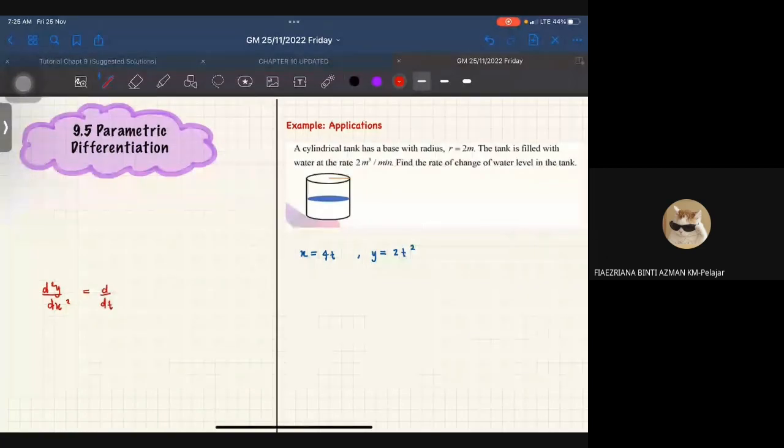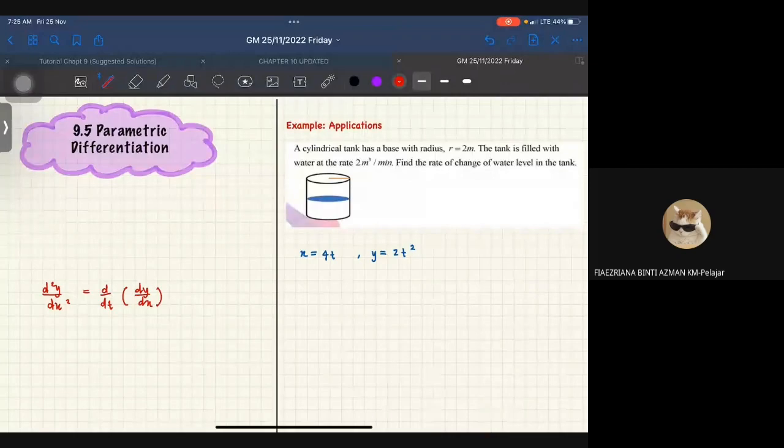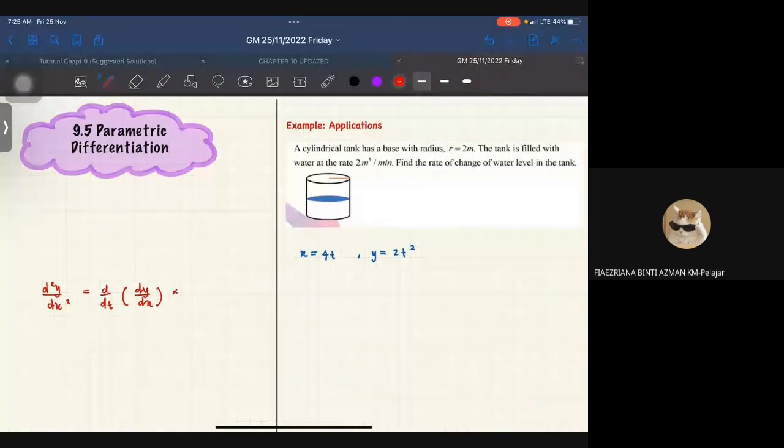Okay, and then? Dy over dx. And then? dt over dx. Okay, thank you. Alright, so this is how to find the second derivative dalam parametric differentiation.